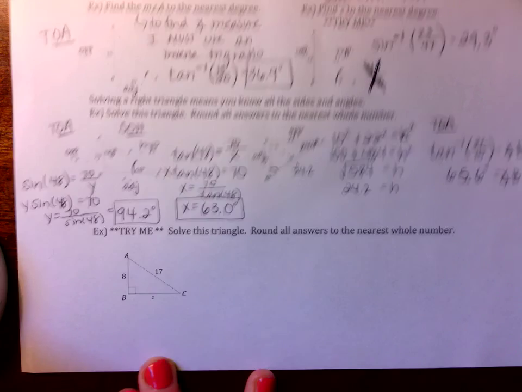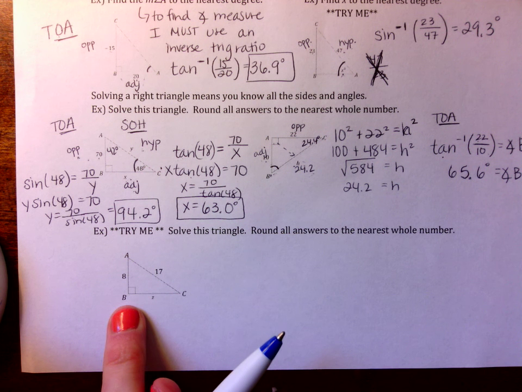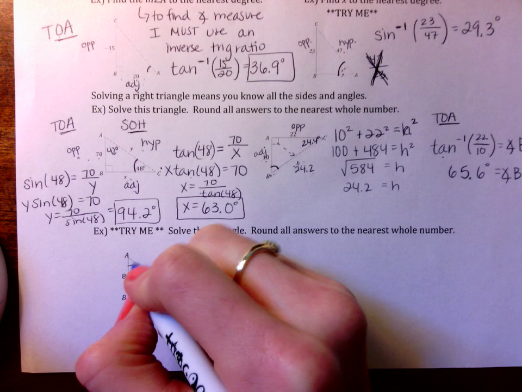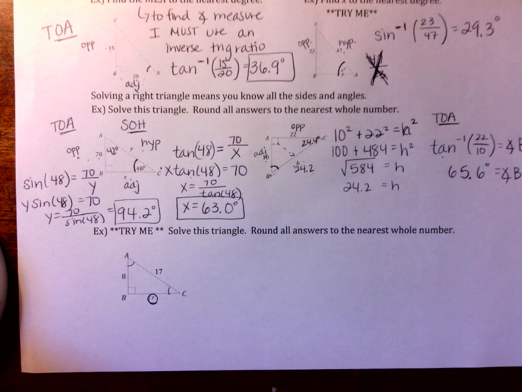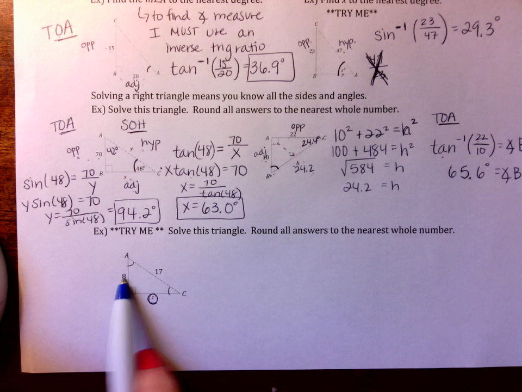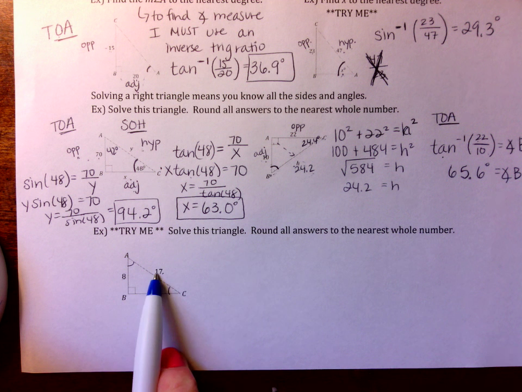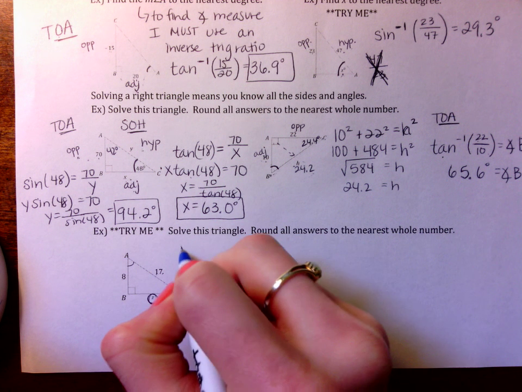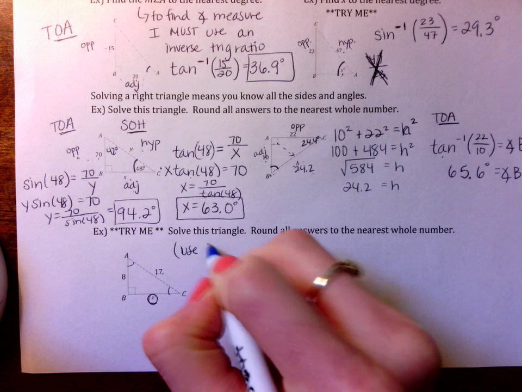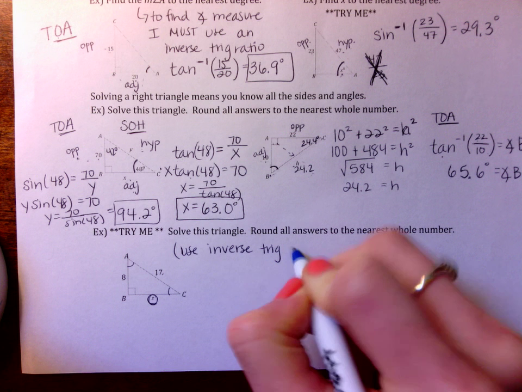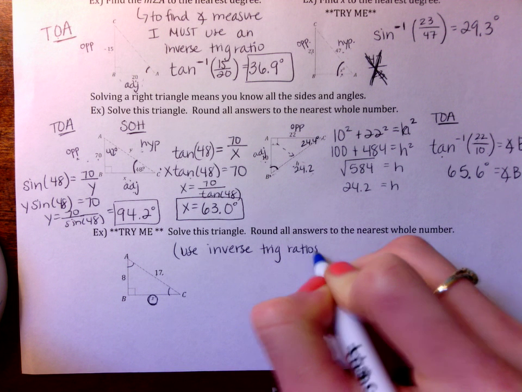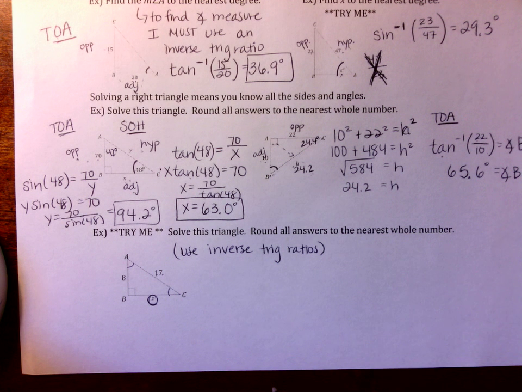So I want you to try this one before our next session and try to complete it. So you need to find angle A, angle C, and side Z. Remember that when you're given two side lengths, you'll have to use inverse trig functions or trig ratios to find the angle measure of one of these.